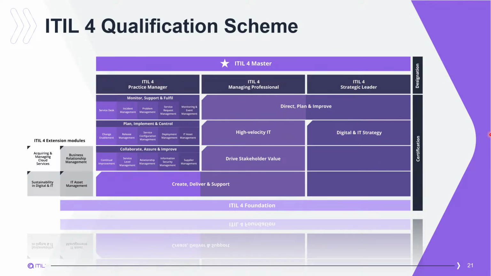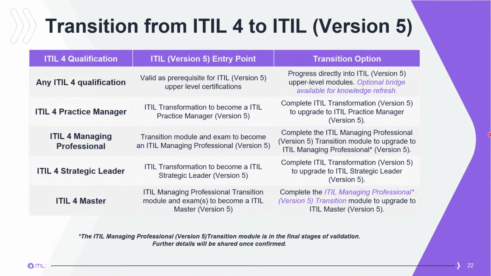Let's see the possible ways and what options we have. If you have any ITIL 4 certification, it is absolutely a valid prerequisite to go ahead. It's not necessary to pass the ITIL version 5 Foundation. If you have an ITIL 4 Foundation, you just go ahead to the higher intermediate trainings.